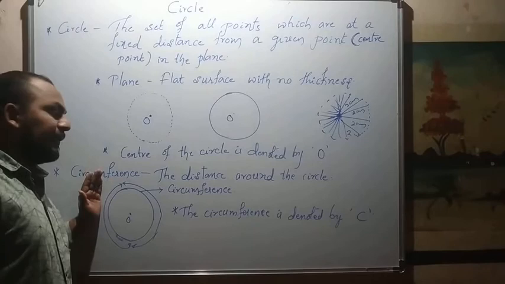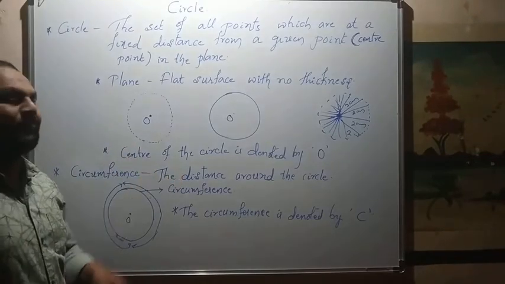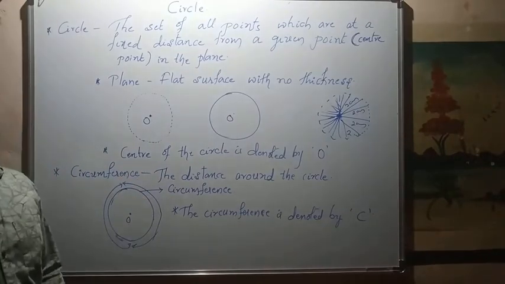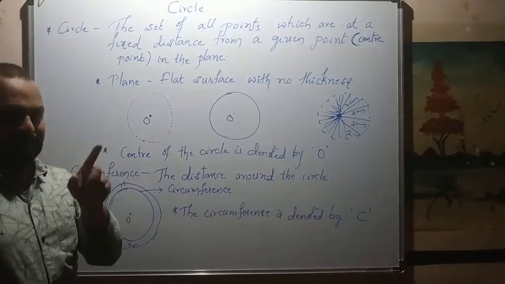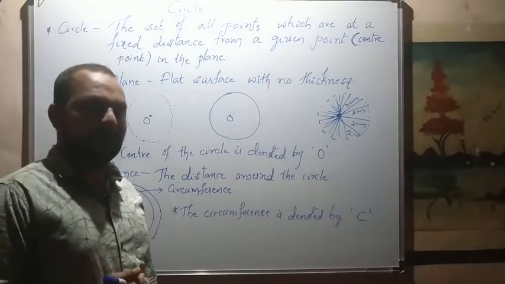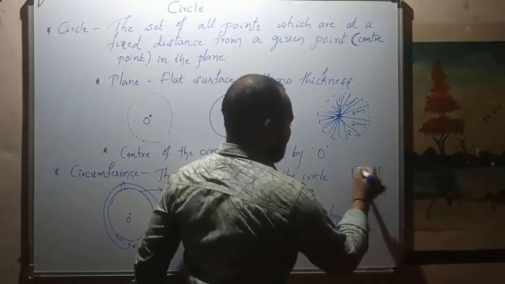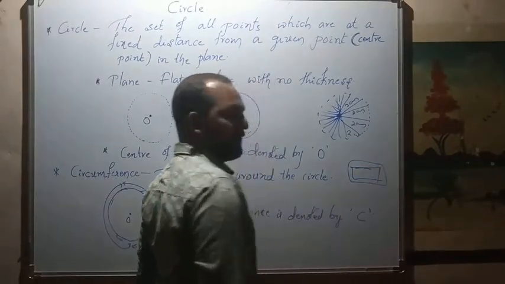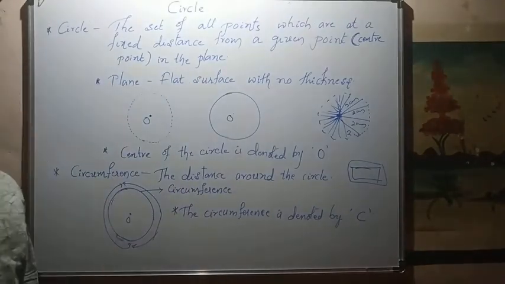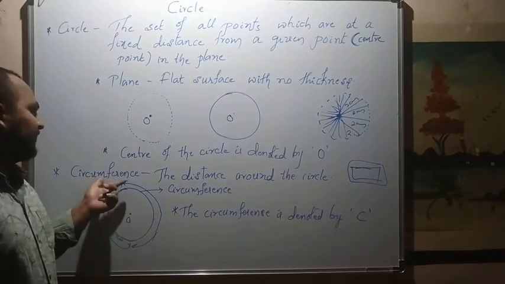The perimeter in a rectangle, square, triangle; in a circle, this is called the circumference. Circumference means parivadhi. What did you call the total boundary in a square or rectangle? The perimeter. The same boundary in a circle is called the circumference. Circular shape means circumference.